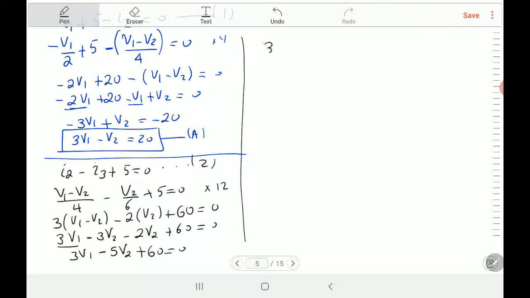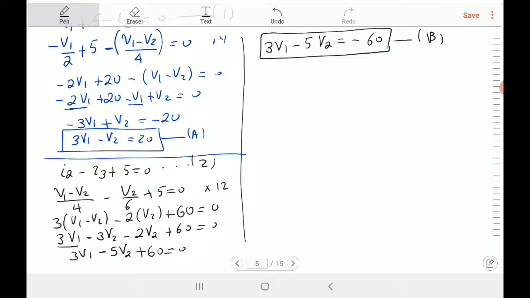I have 3V1 minus 5V2 equals minus 60. Please try to solve this one, see if I made any mistake. But the method is very clear. Now that's equation B. You solve these two equations simultaneously to find the values of V1 and V2.